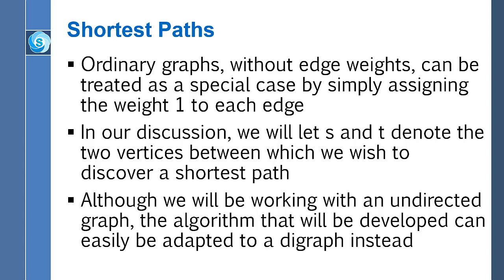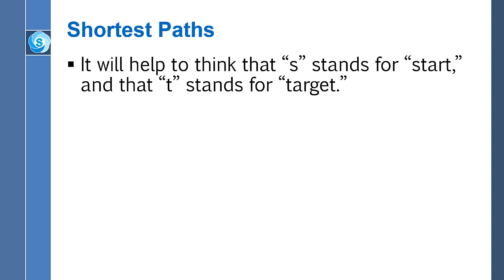We'll work with undirected graphs, but the same reasoning could easily be adapted to achieve a digraph version of Dijkstra's algorithm. The letter S stands for the source or start vertex, and T stands for the target vertex.